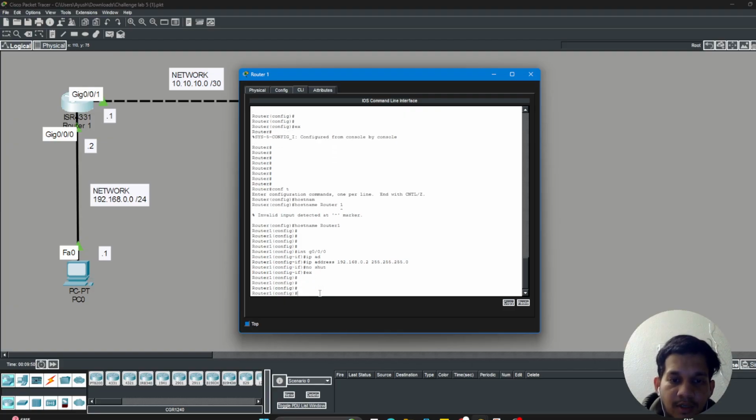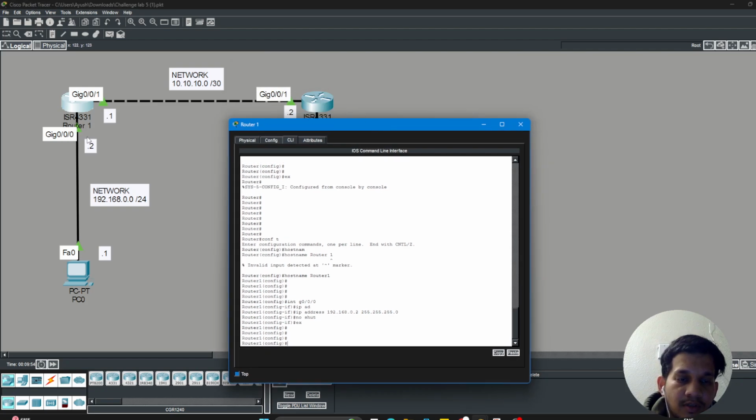So G0/0 is configured with 192.168.0.2. Now let's configure interface G0/1.